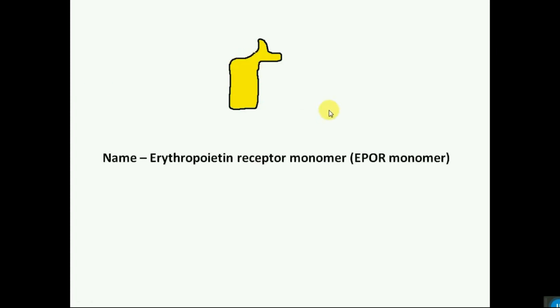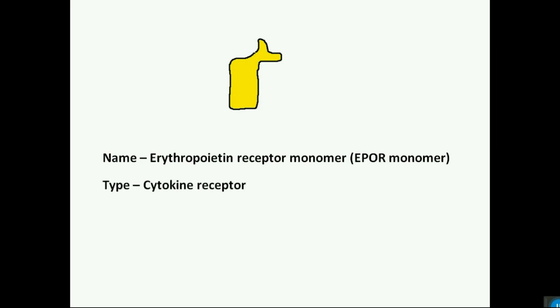Thereafter, the second component is the erythropoietin receptor monomer, abbreviated as EPOR monomer. It is a type of cytokine receptor.